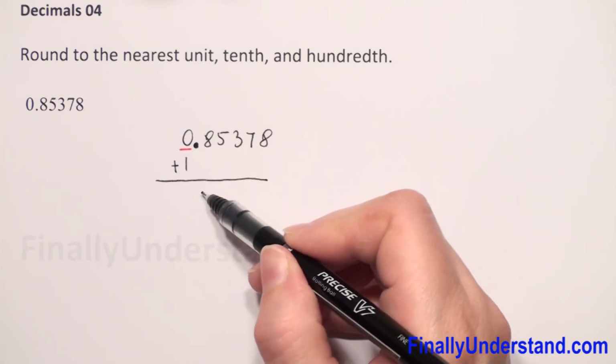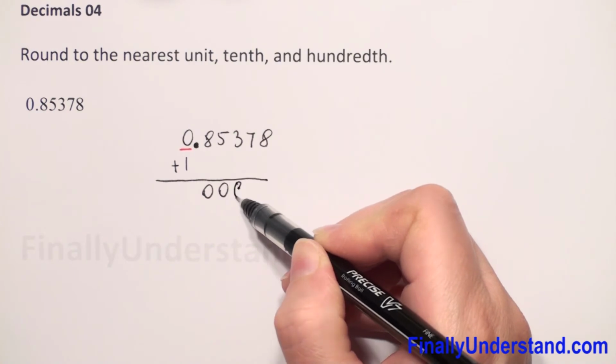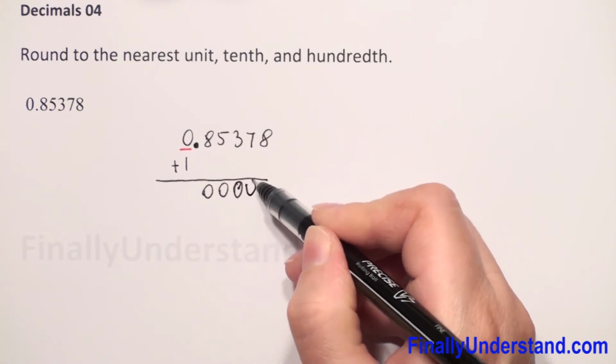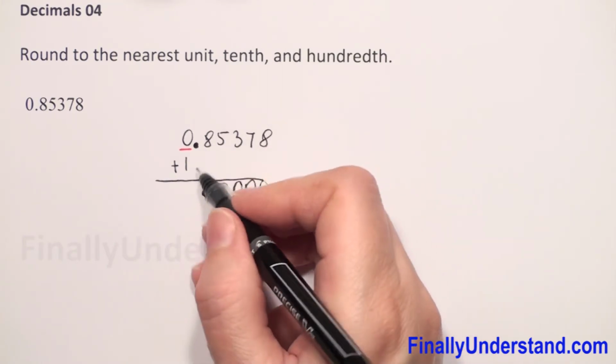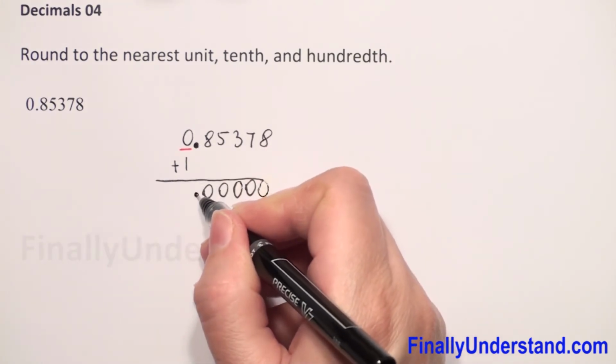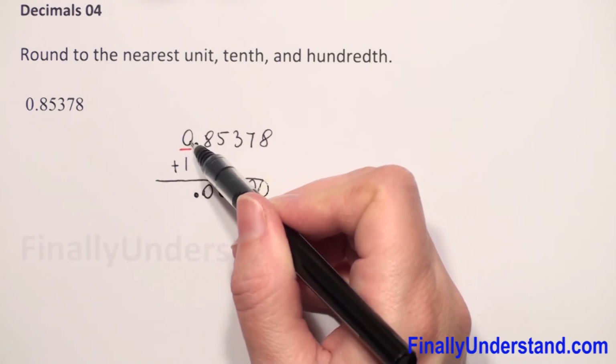So 8 will be 0, 5 will be 0, 3 will be 0, 7 will be 0, and 8 will be 0. And next we have to copy the decimal point, and we have to just add 1 to 0.